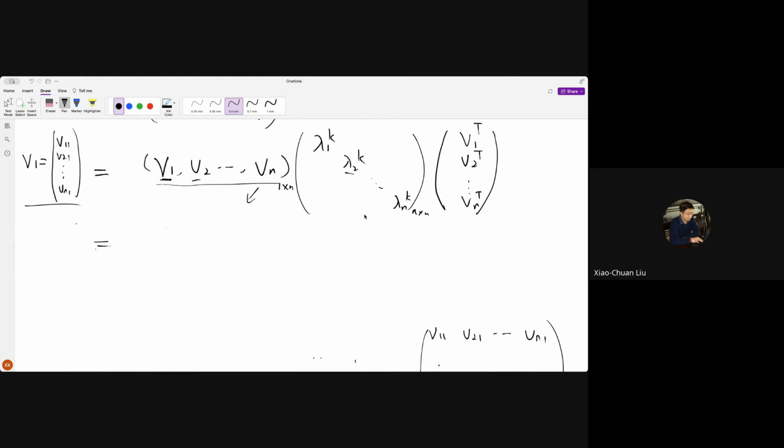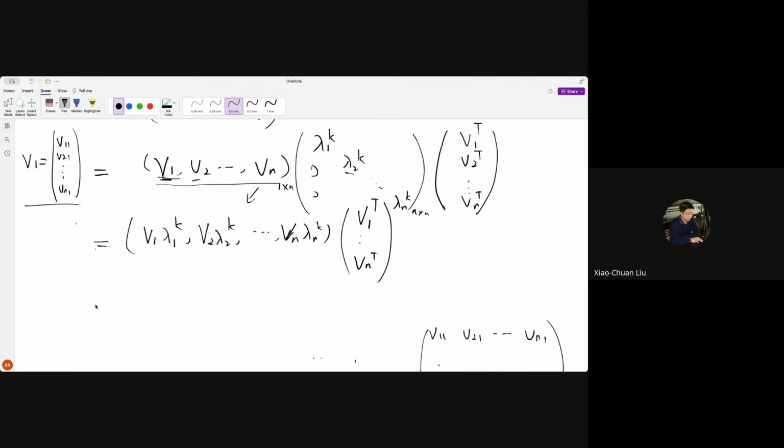What I get is a 1 by n, so we have V1 times lambda 1 to the power of k, and 0 0, and the second column will be V2 lambda 2. Yeah, it's correct. And then Vn times lambda n to the k. And then V1 transpose through Vn transpose.